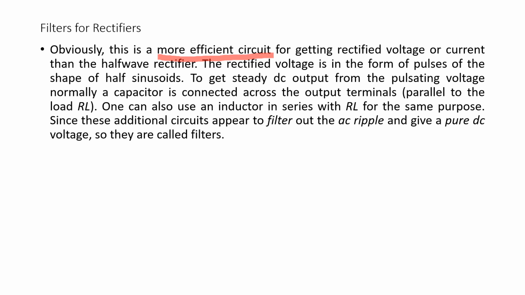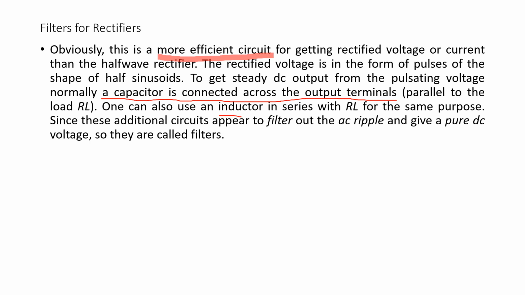The rectified voltage is in the form of pulses of the shape of a sinusoidal wave. To get a steady DC output from the pulsating voltage, normally a capacitor is connected. A filter is nothing but a capacitor across the output terminals. It can even be an inductor in series with a resistor.